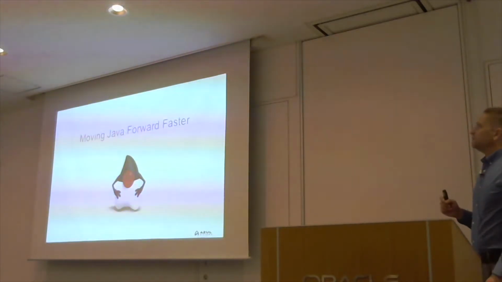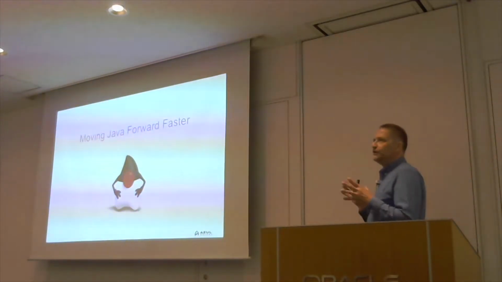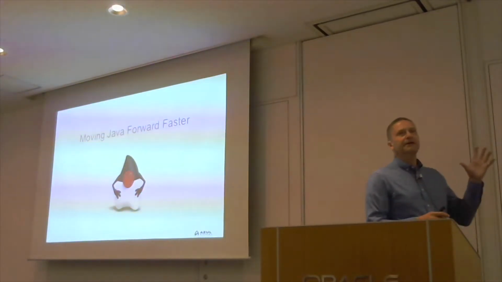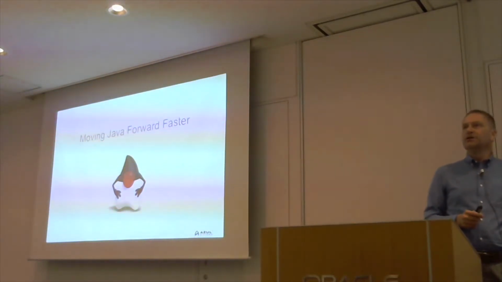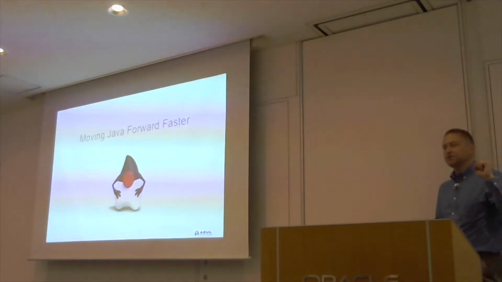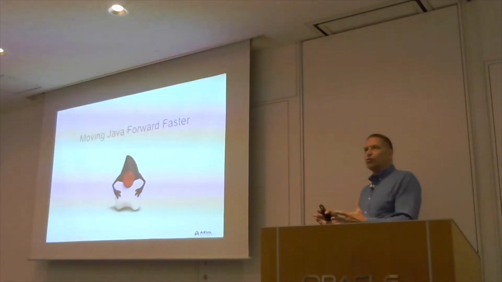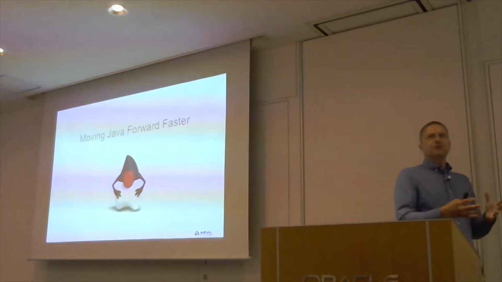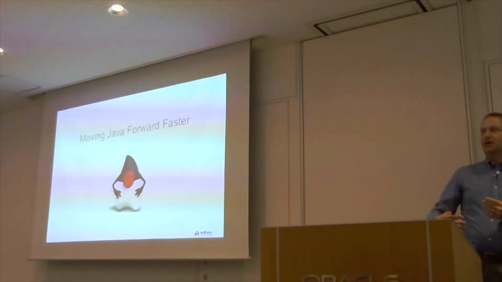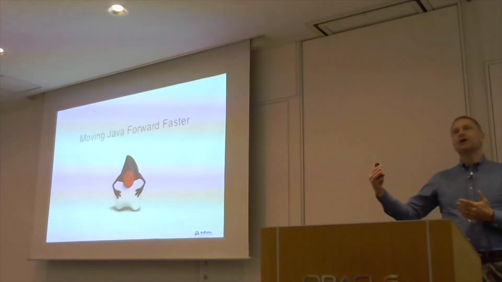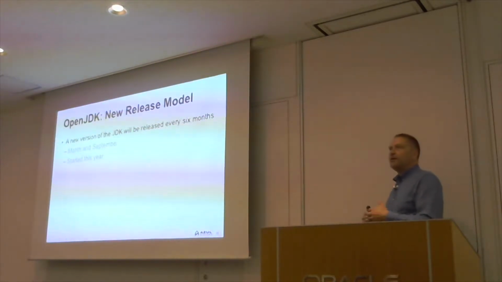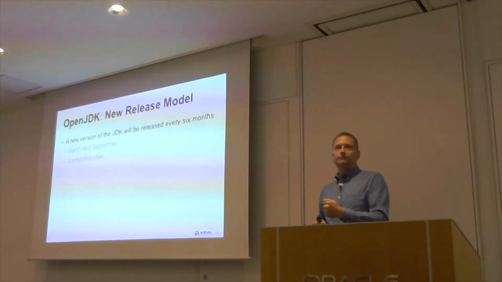So now let's talk about moving Java forward faster. This is something that was announced back in September last year, just before the JavaOne conference. Oracle and the OpenJDK developers made some announcements about how OpenJDK was going to be developed in the future. They announced that there is a new release model.